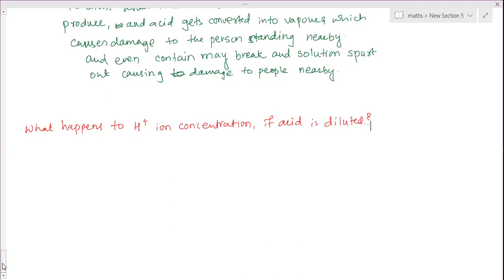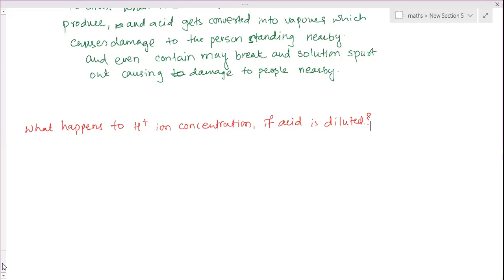So what happened here to the concentration of sugar? The number of particles is the same, so what will happen to the concentration, the percentage? It will reduce.